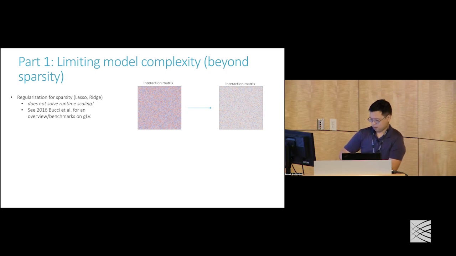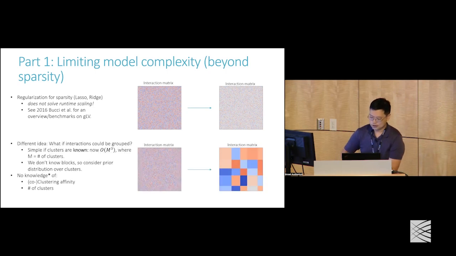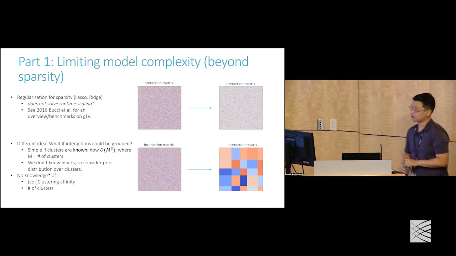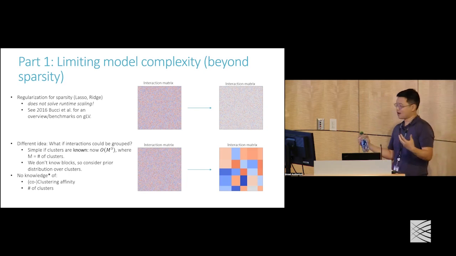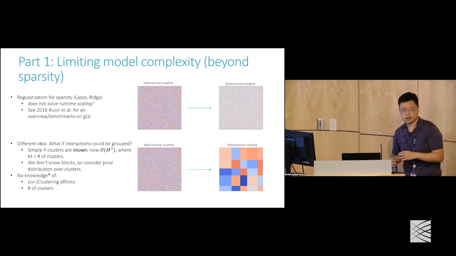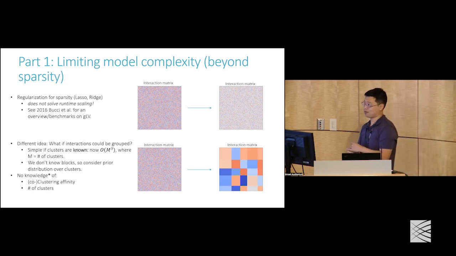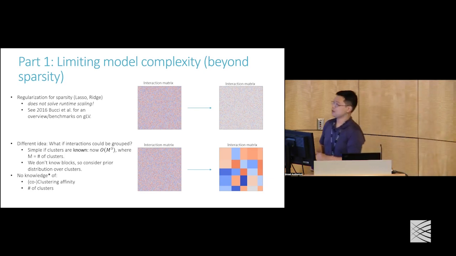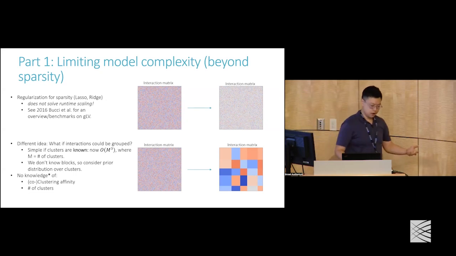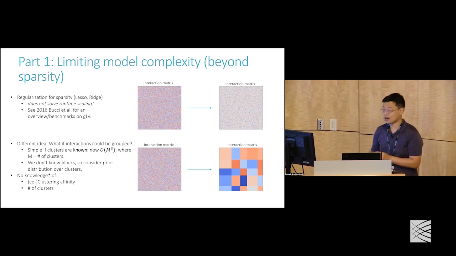Now, we do want to address this runtime scaling, so maybe here's a different idea: we're studying not a GLV system that exists in a vacuum. We're studying microbiomes, and so there ought to be organisms that are phylogenetically similar or serve similar functions in the gut, for example, if you're studying gut microbiomes.